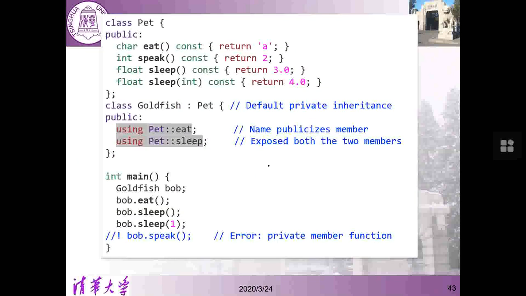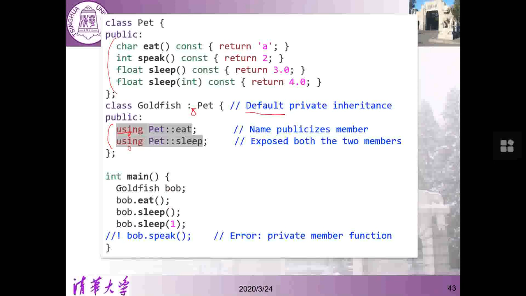Okay. Here's an example. We have base class pet, then we have some public members like this, public interface. Then we can define a derived class by private inheritance. By default, if we do not have a keyword here, it will be private inheritance. Because these interfaces are hidden, because after private inheritance they become private, if we still want them to be accessible from outside the class, we can use the keyword using, like this.